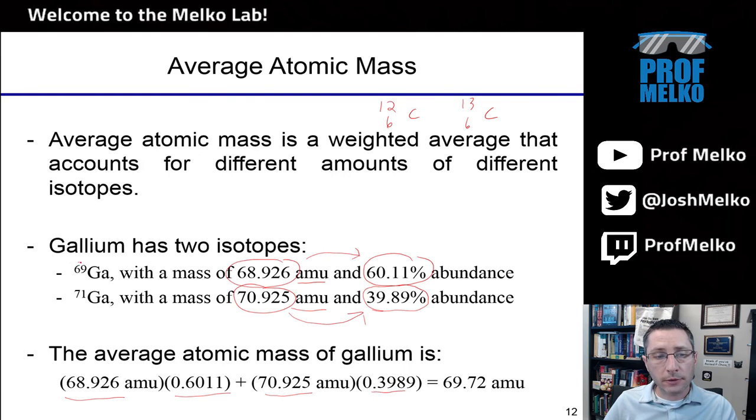You get a number between these two because it's an average of those two. It's a weighted average, so it's not exactly 70. It's pulled a little closer to mass 69 because there's more 69 than there is 71. Here the weighted average gives us a value of 69.72 atomic mass units.